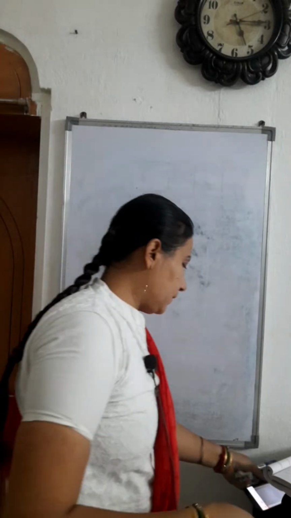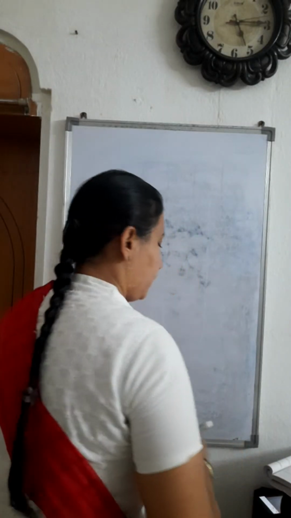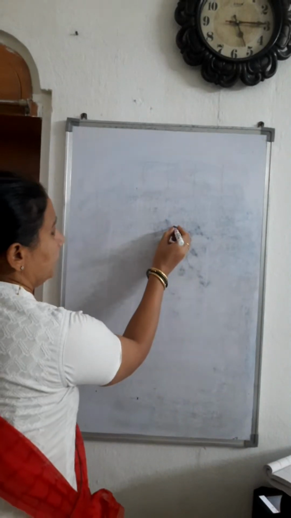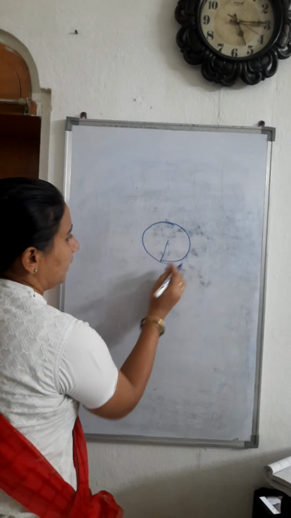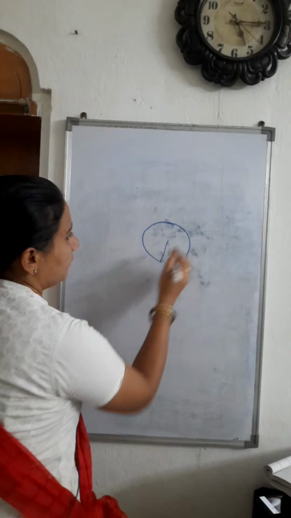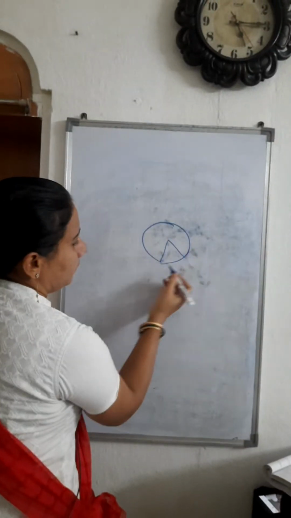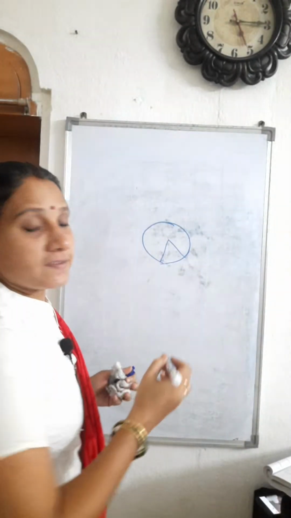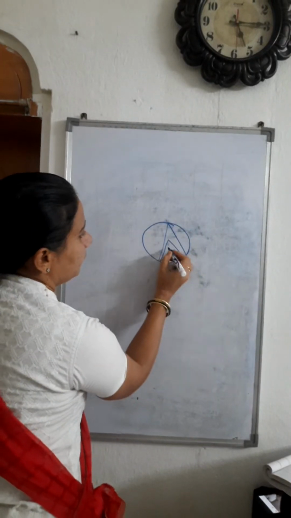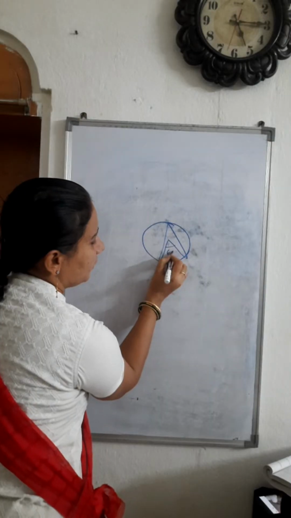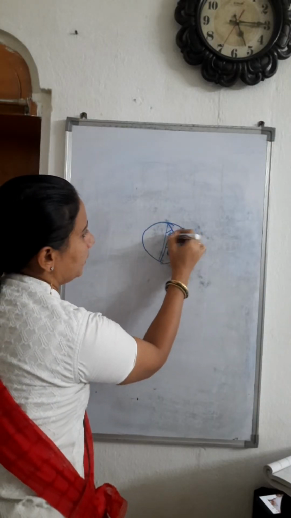So let's start with this. The first property which I used is angle at the center is twice the angle at other part of the circle. If we consider a circle, angle at the center is twice the angle at other part of the circle. If this angle is 60, this will be 30.